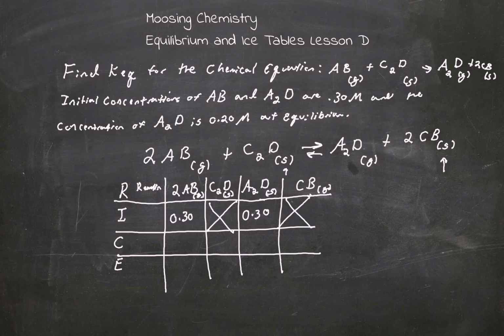All right, so now let's look at our change. When we go through the change, AB is going to have a minus 0.20 change, and A2D is going to have a plus 0.10 change.